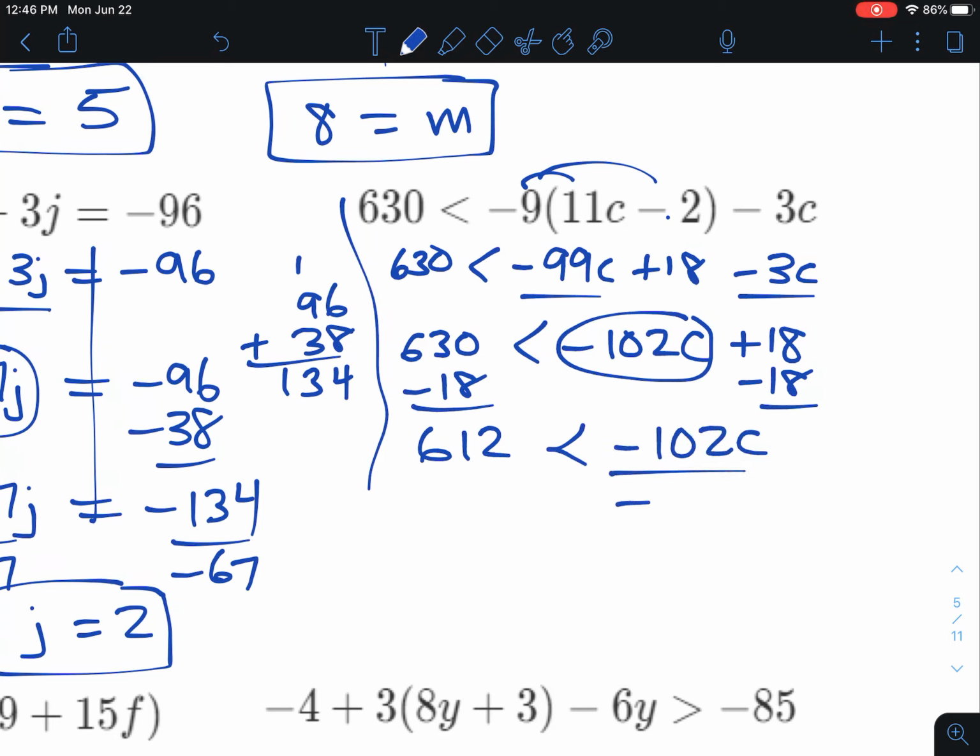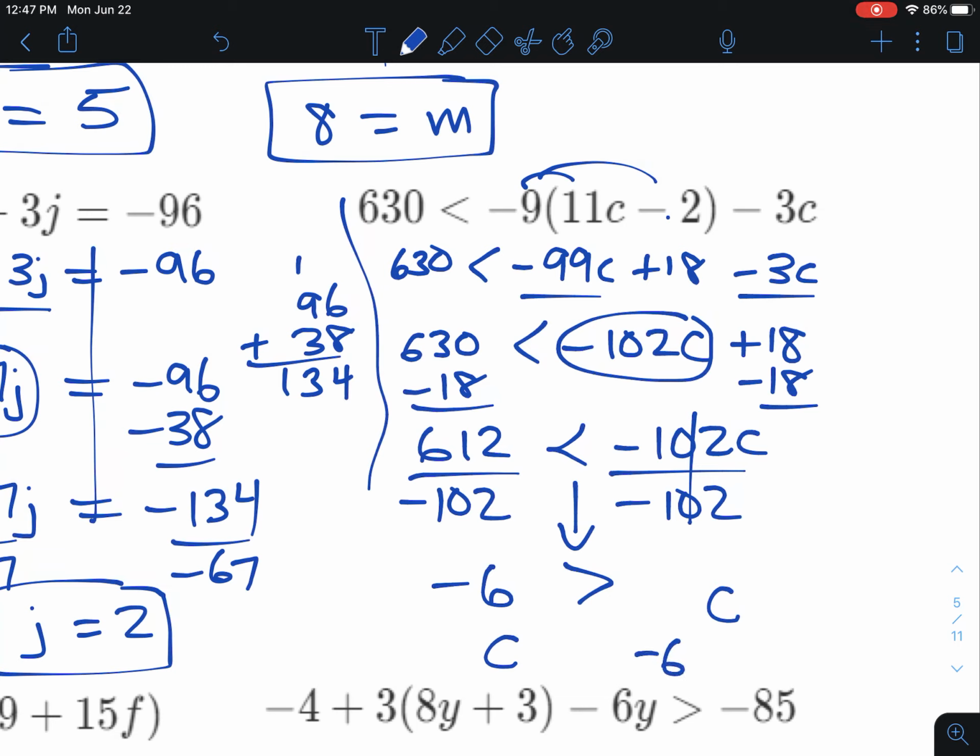We want to get c by itself, so we divide by negative 102. We're dividing by a negative, so you should be thinking immediately, oh, we've got to flip the symbol. That gives us c here, negative 6 here, but this symbol flips going this way now. If you want to put the variable first and the number second, you can, as long as you flip the symbol again and write it like this.